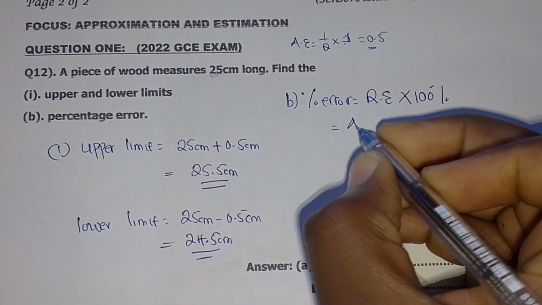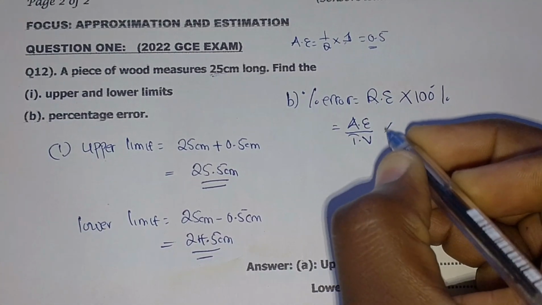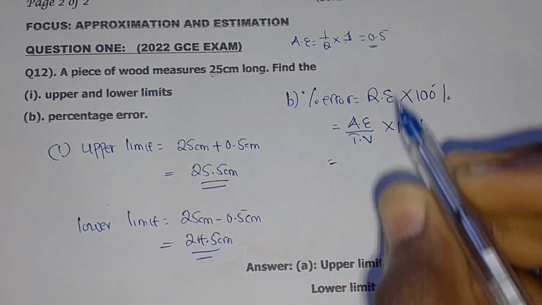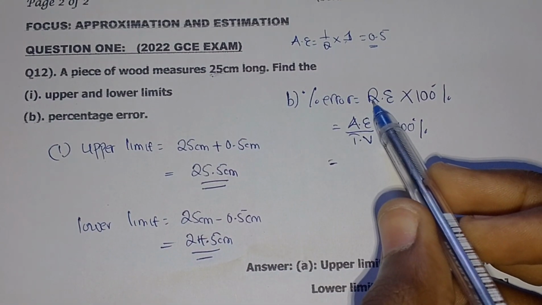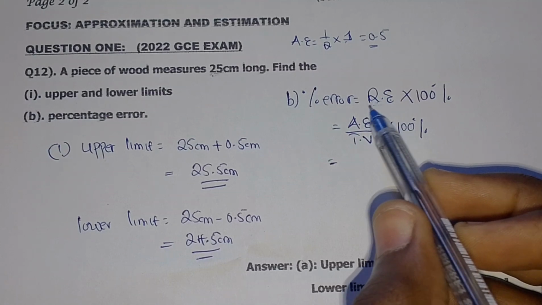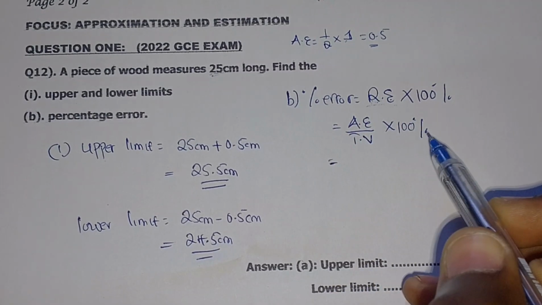Relative error is found as absolute error over the true value, multiplied by 100%. So they asked about the percentage error, knowing fully that they didn't give us the relative error. No wonder this question will carry 2 marks, because we will find the relative error and then multiply the same answer by 100%.